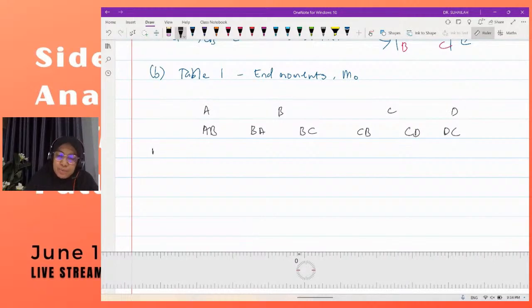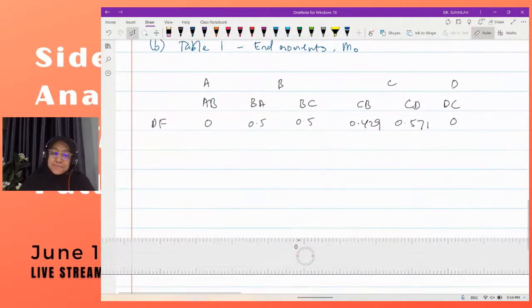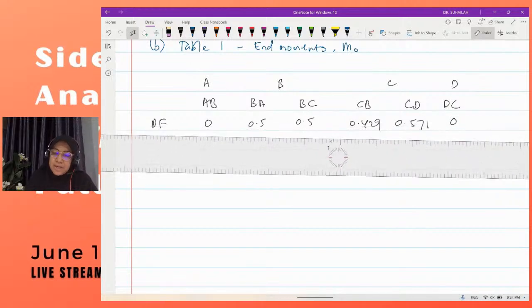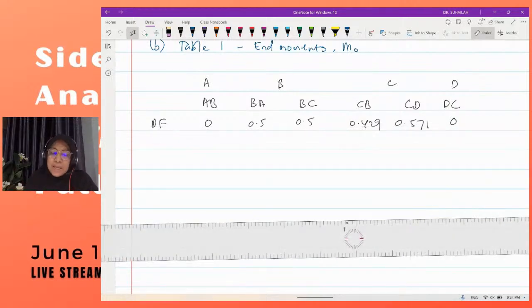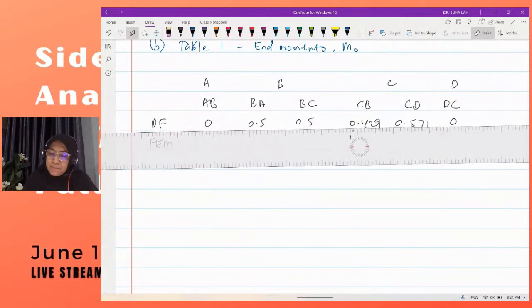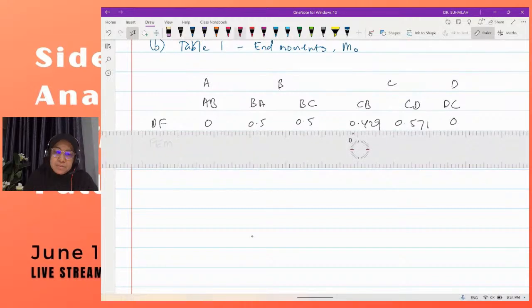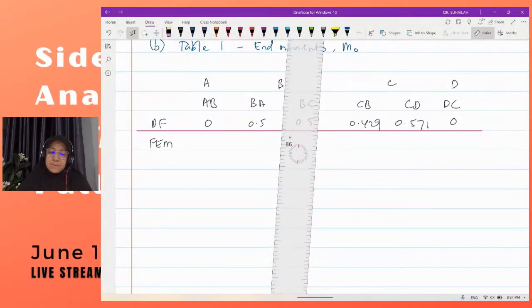Okay, so we put the distribution factors: 0, 0, 0.5, 0.5, 0.429, and 0.571. And then the first moment in the table is the fixed end moment.